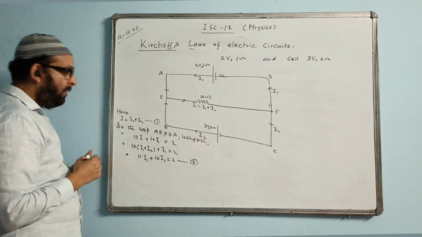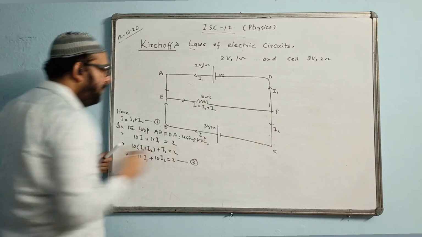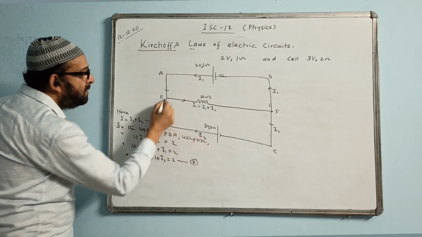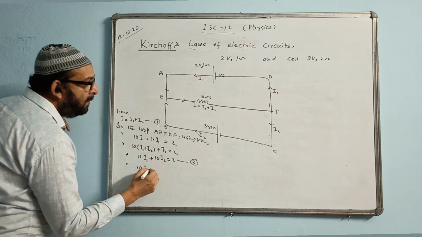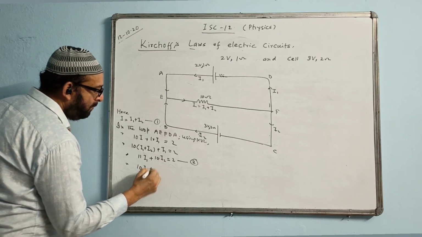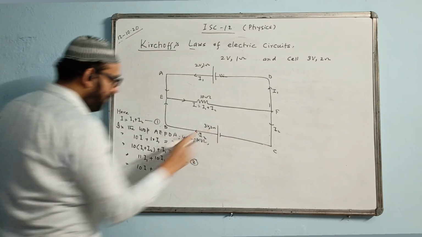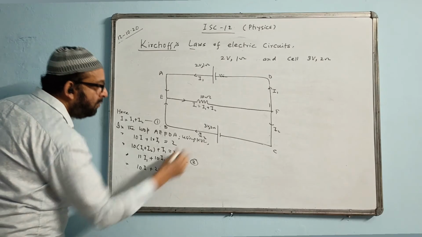Equation number 2. Now I take another loop here, this one. This way I take. Here we see no resistance. Here we see 10 times of this. Again write here 10 I, plus I2 into this, not to forget this, 2 times I2, equal to how much volt? 3.